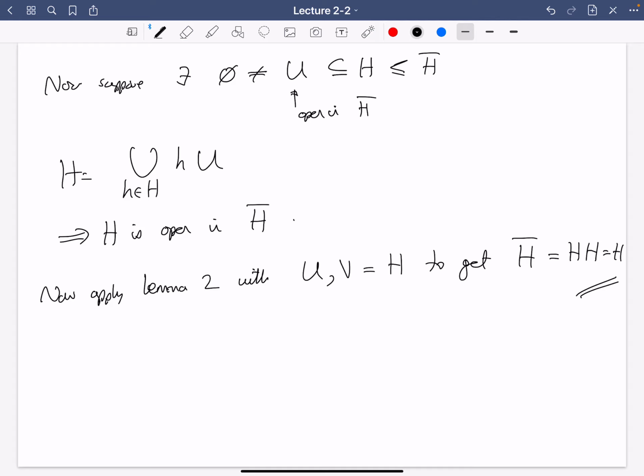So that's lemma 3. And then finally, what we've been building up to is the theorem. Let phi be a morphism of algebraic groups.